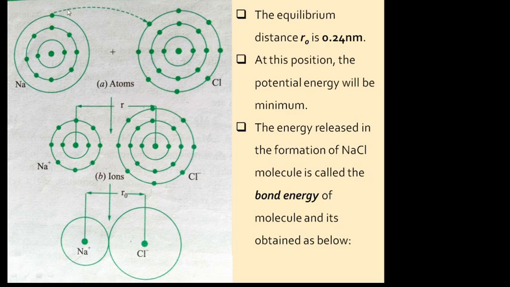Now you add 1 electron from the sodium and therefore the octet is completed, so it becomes more stable. So the Cl ion is more stable.